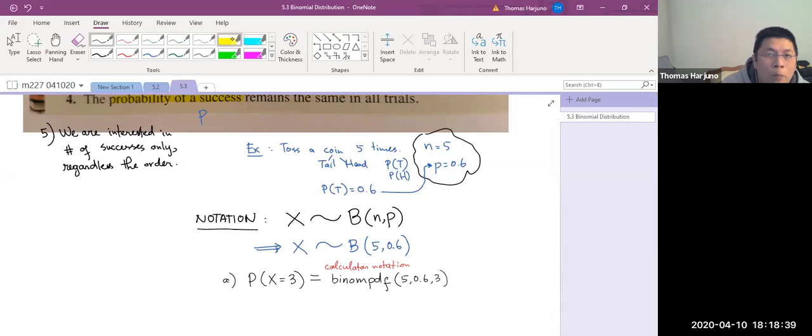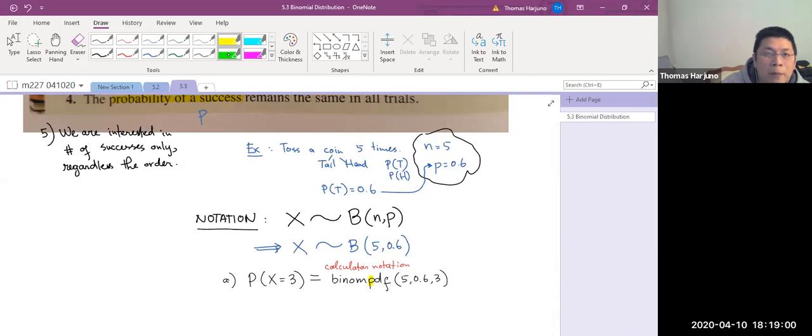If we are computing the probability of a certain number of a binomial distribution, then we will use binomcdf. The parentheses consist of 3 numbers.